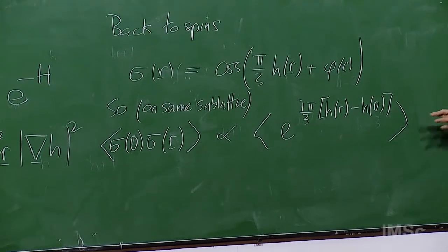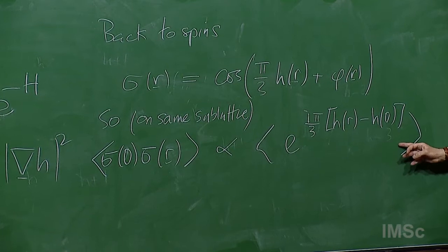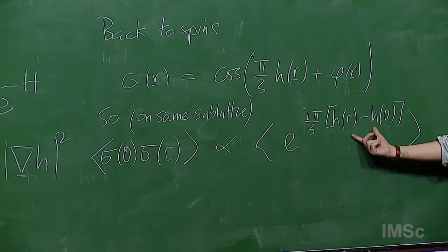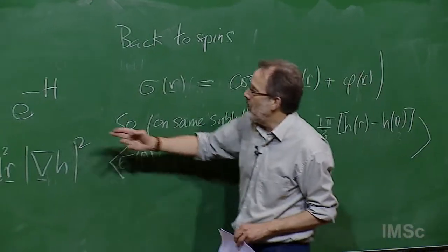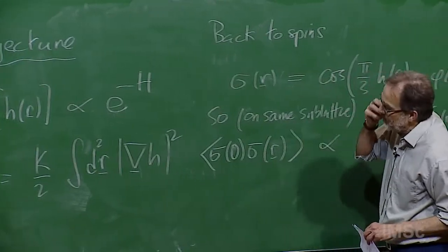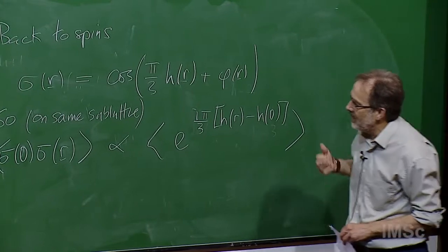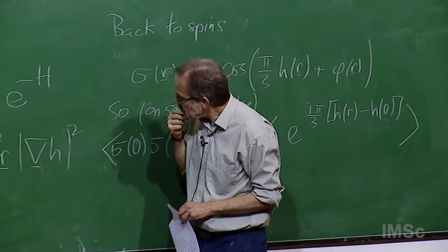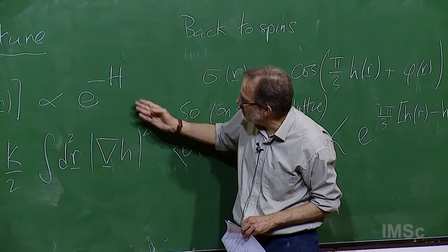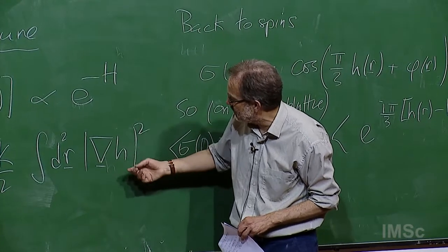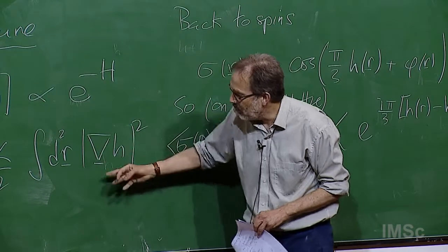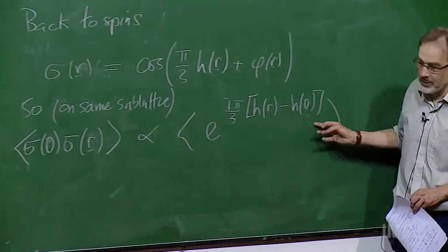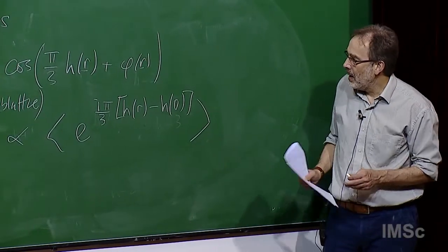Okay, so what we want to do now to work out this correlation function is to average this exponential with this probability distribution. And the nice thing is that at this stage we can do the calculation exactly because everything is Gaussian. We've got just a quadratic theory here, and we've got a linear term there.